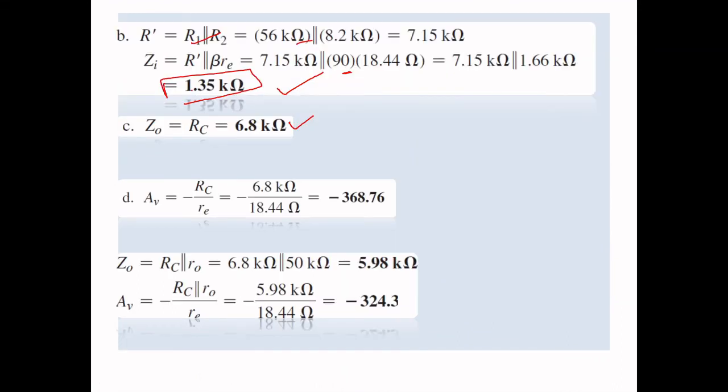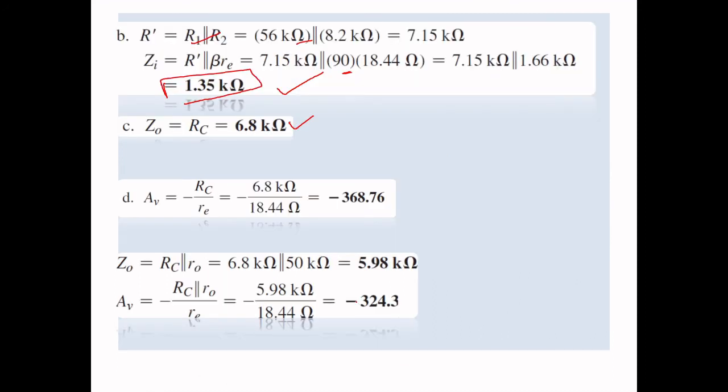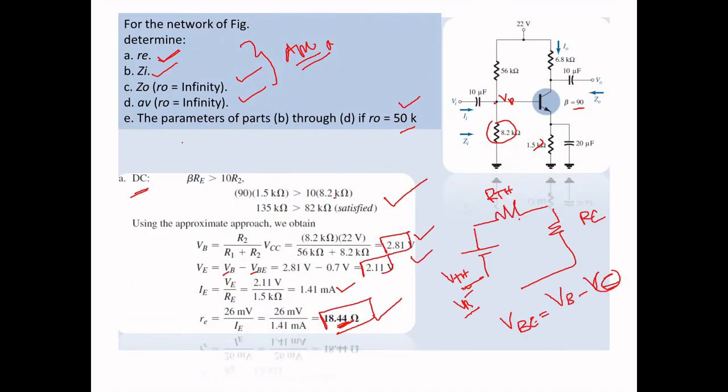So we find RC divided by RE, that is 6.8 kilo ohm divided by the RE we calculated in the previous part, 18.44. Substituting, we'll be getting minus 368.76.